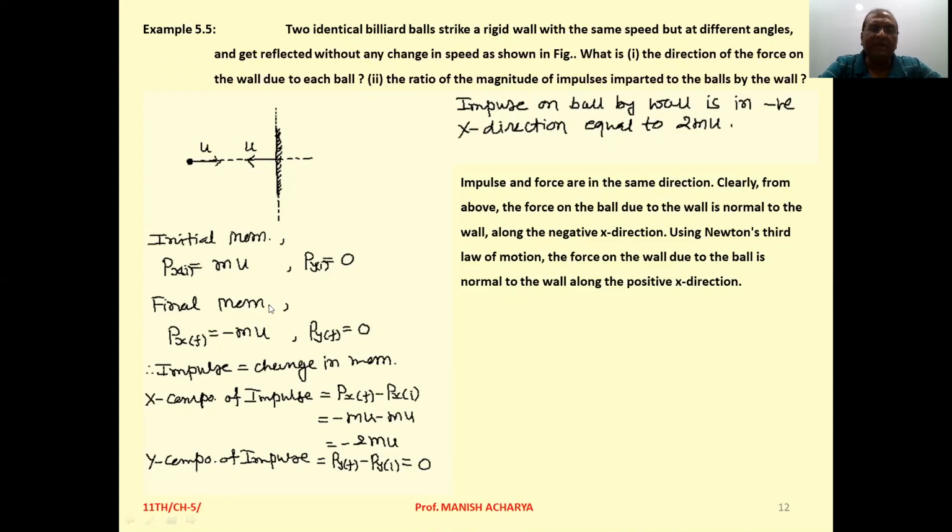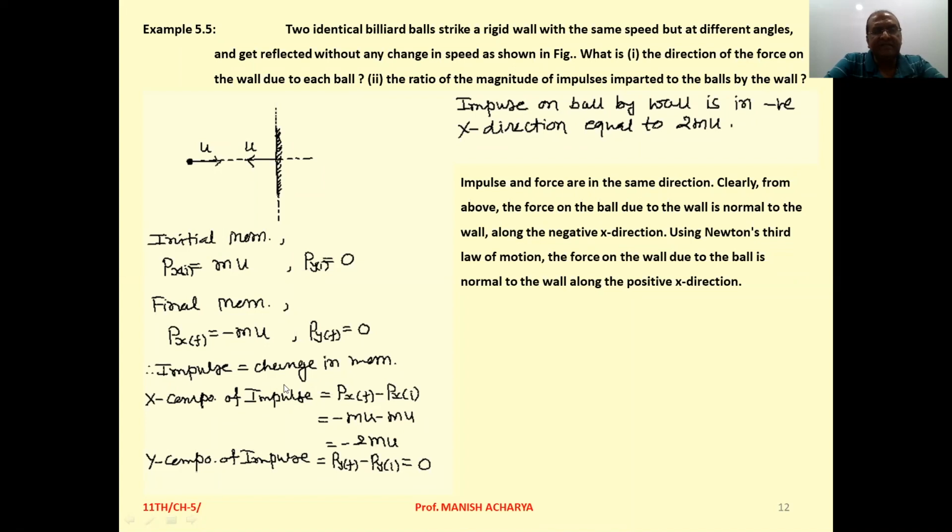Then final momentum in x direction is again mass into speed, but in the opposite direction to the initial one, therefore it is represented with a negative sign. Clear? Then final momentum in y direction is 0, because the final motion is also in x direction, so the y component is 0.